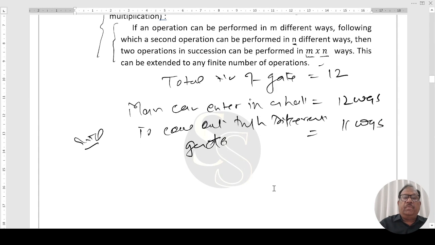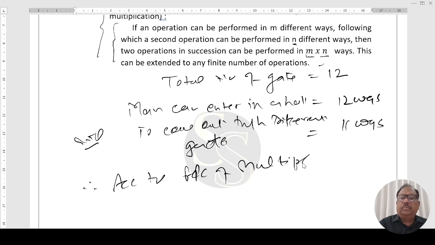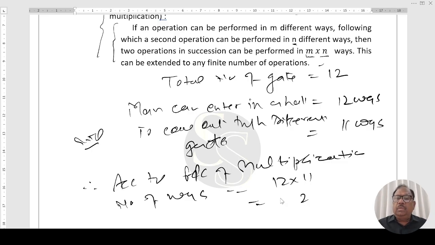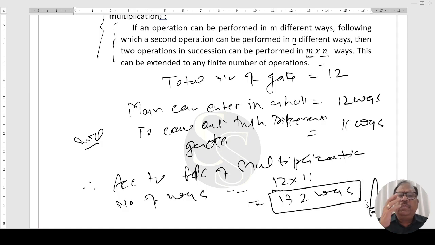Therefore, according to FPC of multiplication, the number of ways will be 12 into 11. That is the answer. That is the application of FPC of multiplication.